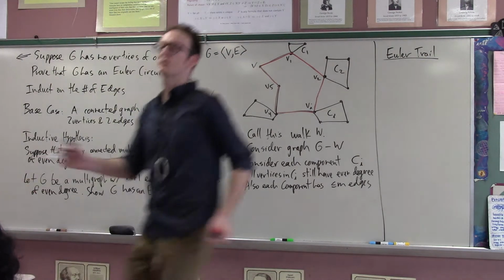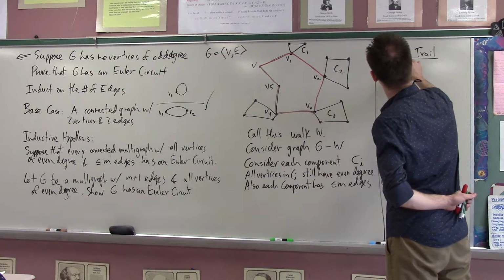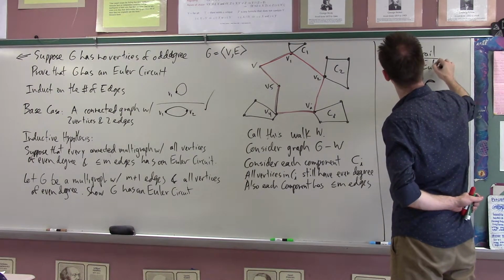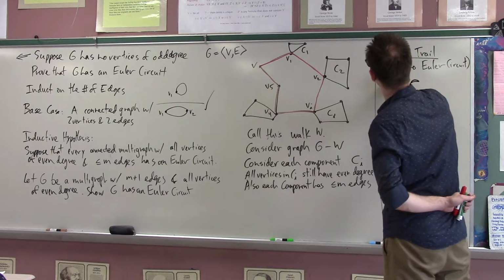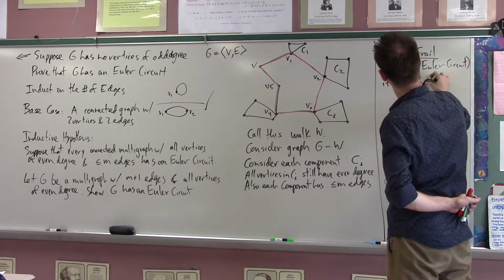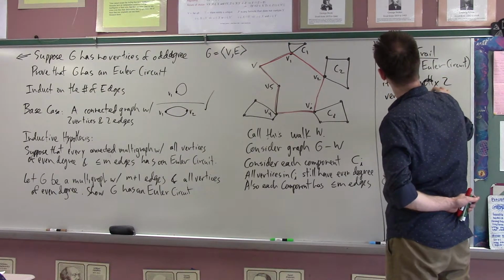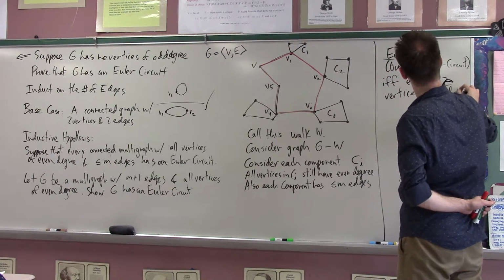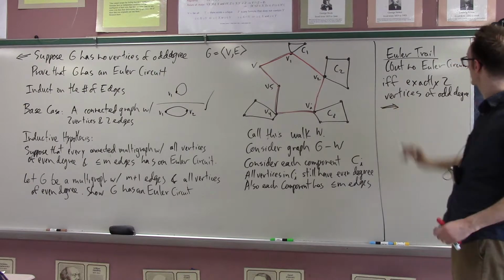Okay, he just said an Euler trail, but not an Euler circuit. So Euler trail, but no Euler circuit, if and only if there are exactly 2 vertices of odd degree. And the theorem goes like this.